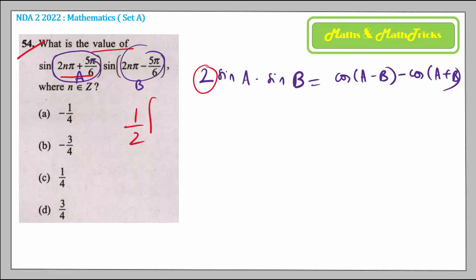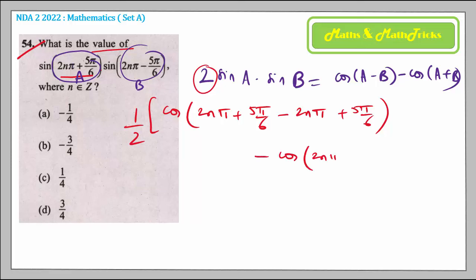So the numerator part 2 sine A sine B becomes cos of (A minus B), which is 2n pi plus 5 pi by 6 minus B, that is minus (2n pi minus 5 pi by 6). Okay, and then minus times cos of (A plus B), 2n pi plus 5 pi by 6, then plus 2n pi minus 5 pi by 6.